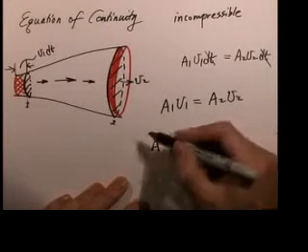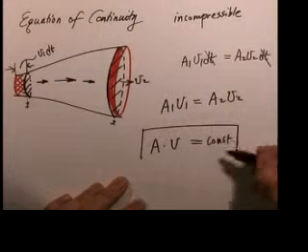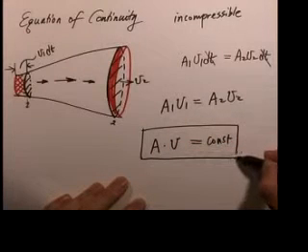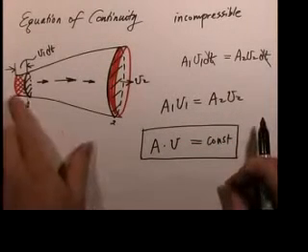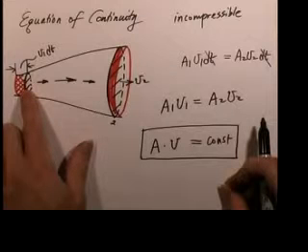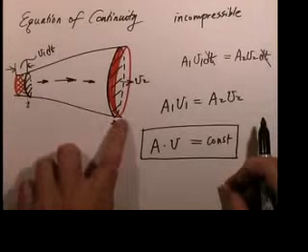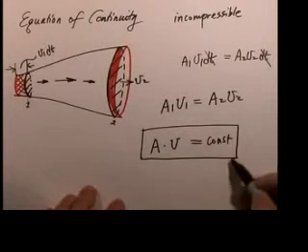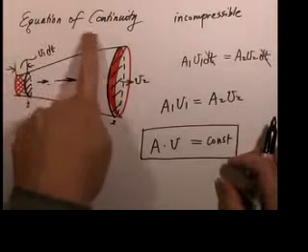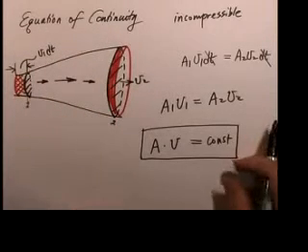This ensures that the volume coming in at any location equals the volume coming out at a different location on the same tube of flow, to ensure the incompressibility of the flow. And this equation is called the equation of continuity. We're going to use that a lot.